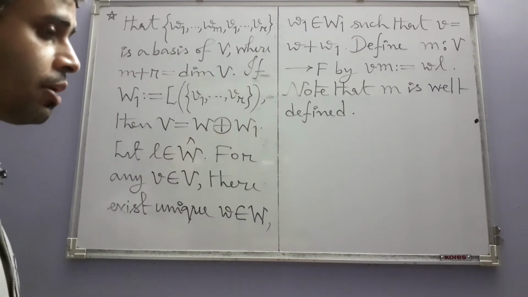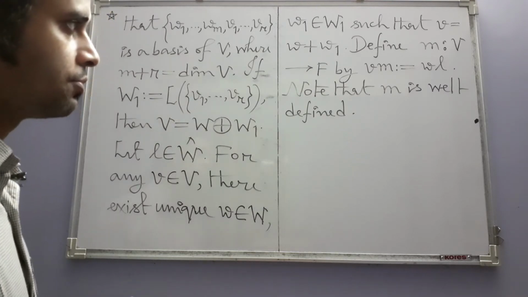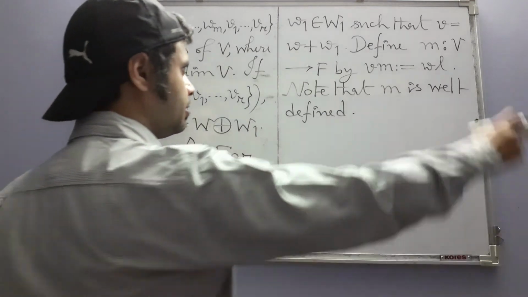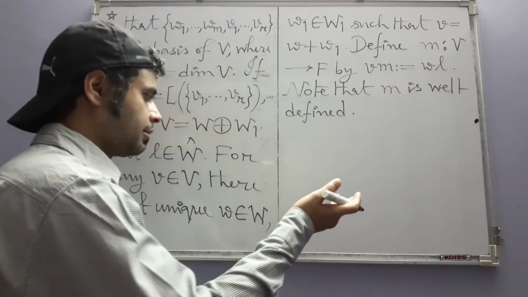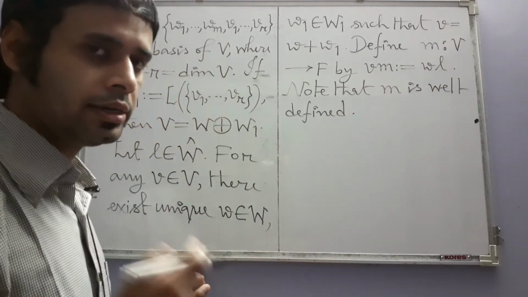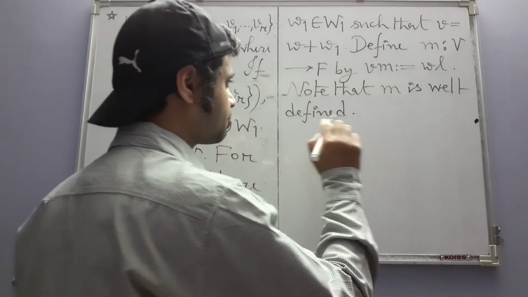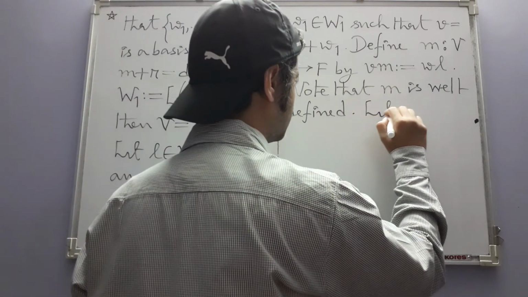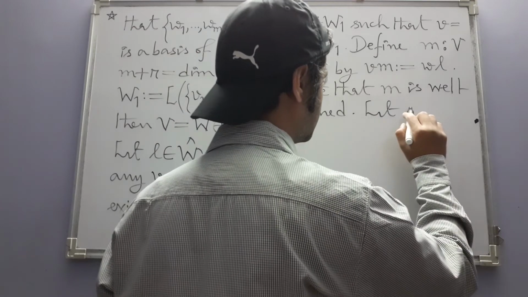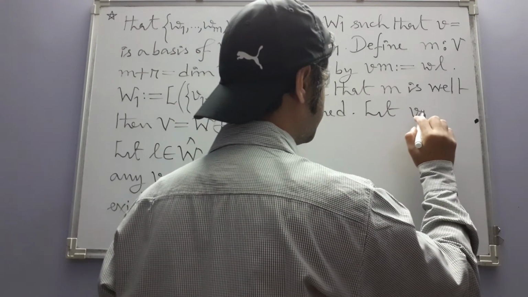But we do not just simply need well-definedness. We want to in fact show that M belongs to V hat, that is, M itself is a linear functional. So for that, let us take something else this time.